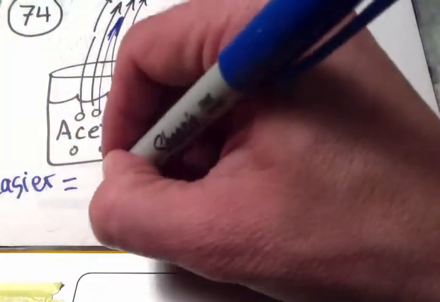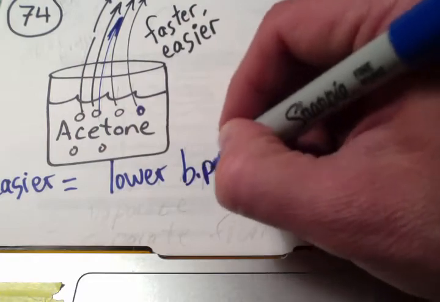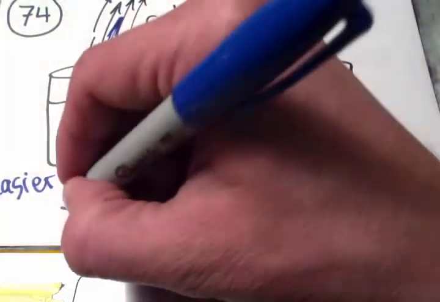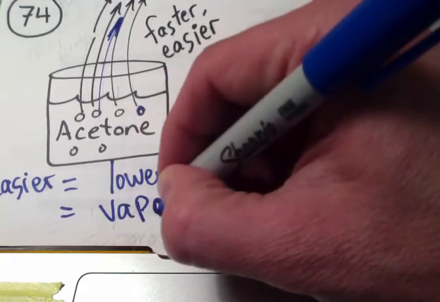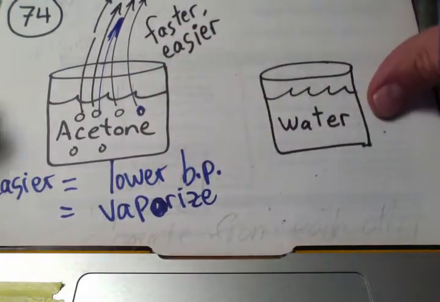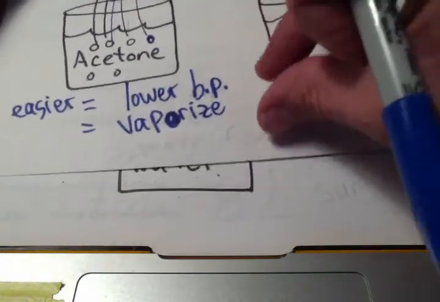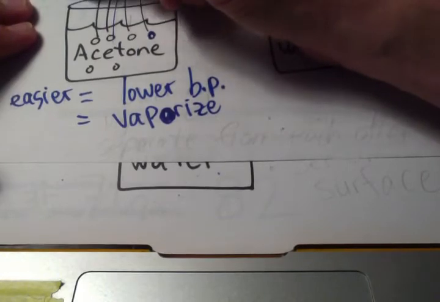Faster really means easier in the room. What does easier mean? Easier means it's easier to boil. Easier means it's easier to vaporize. Remember, this is the vapor pressure.